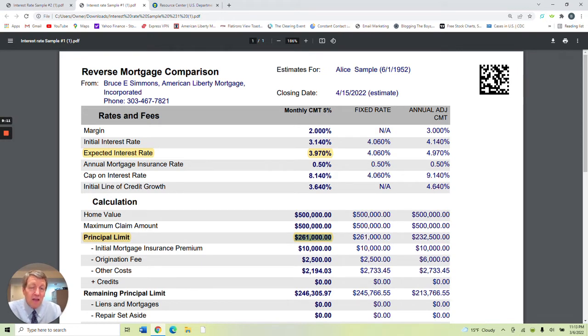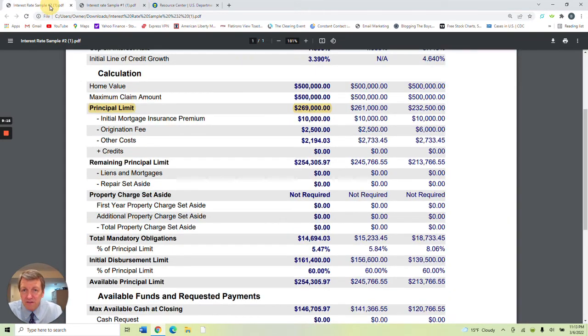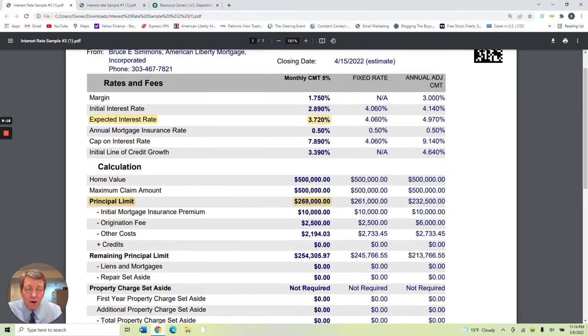But let's say you waited till Tuesday, the 8th of March. Now, the effective rate, now what I did is I lowered the margin by 0.25% because we round off to calculate principal limits. We round off to the nearest 1/8%. And a 1.8 margin is effectively a 1.75, okay? So we take the margin plus the 1.80, and we come up with 3.80, which rounds off to 3.75.